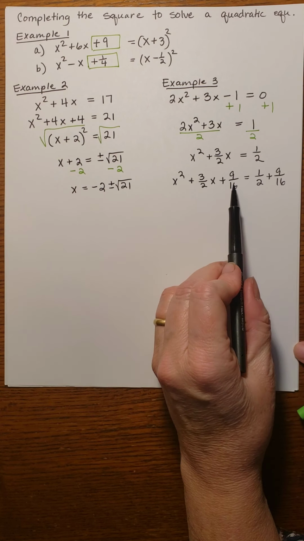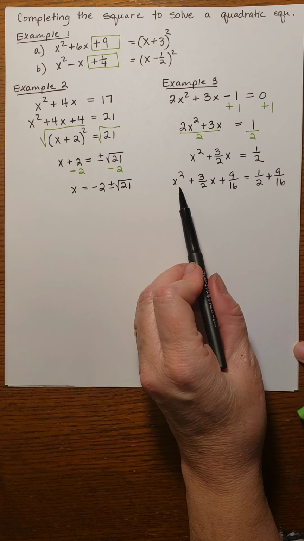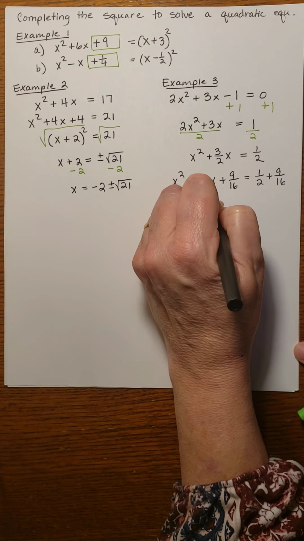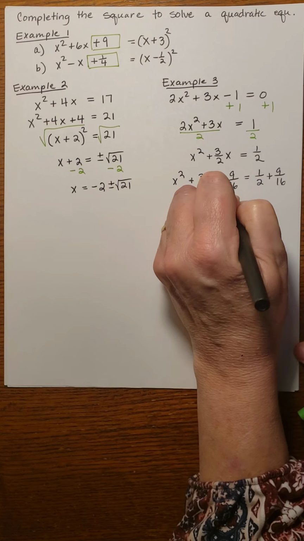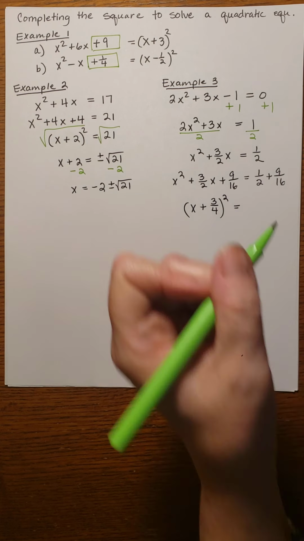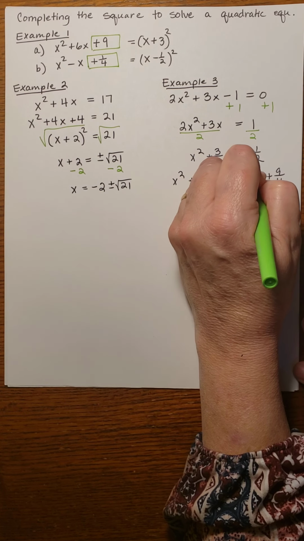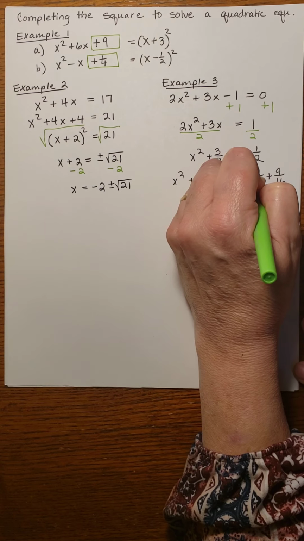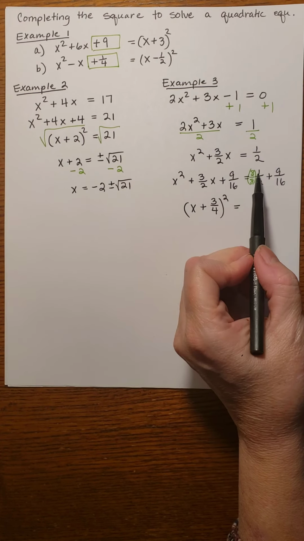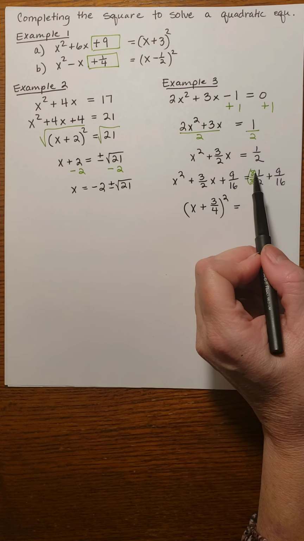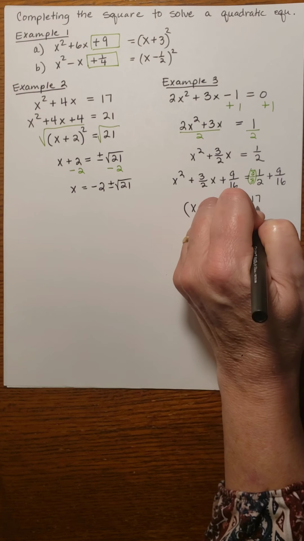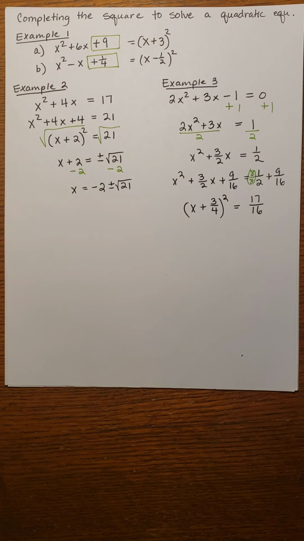And now this becomes a perfect square trinomial. So this is going to be x plus 3/4 squared. And in order to add those two fractions, I'm going to find a common denominator of 16. And so I have 17, because I have 1/2 times 8/8 gives me 8 plus 9. That's 17 in the numerator, and then 16 in the denominator.